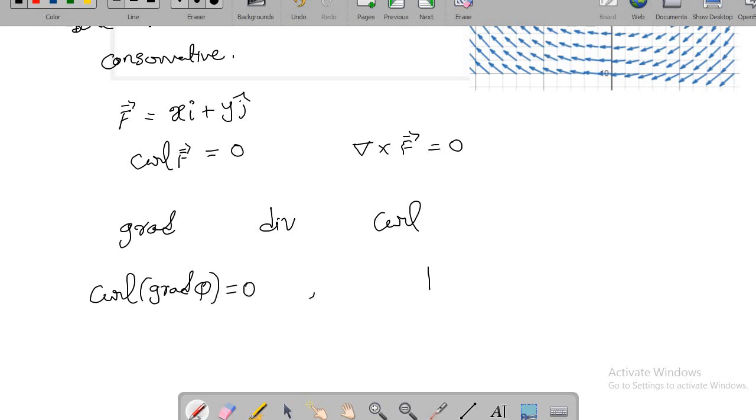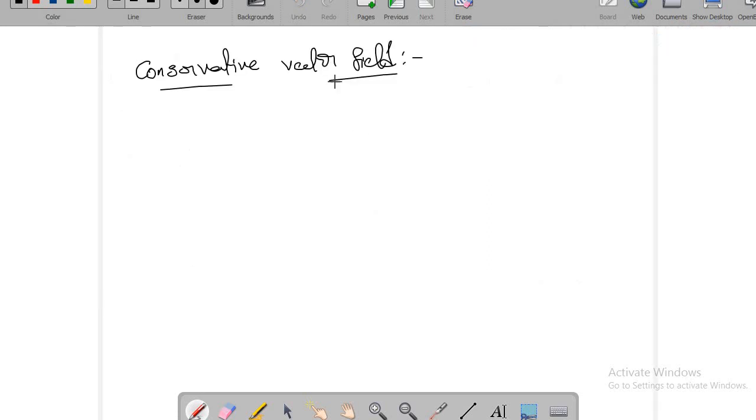And there is another thing, divergence of curl F bar, which is always 0. So these two things are true for any phi and any F bar. Whatever vector field you start with, divergence of curl F bar is always 0, and similarly curl of grad phi is always 0. So let's define what is a conservative vector field.